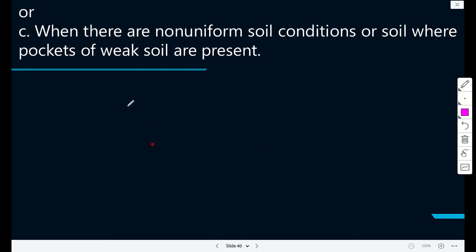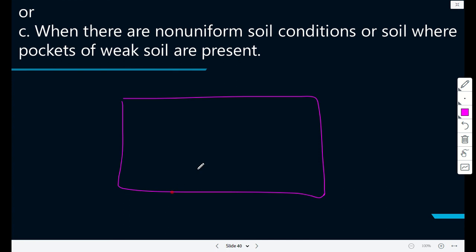Also, where there are non-uniform soil conditions, or pockets of weak soil, you may have good soil generally, but some regions here and there are weak. What the pad does is take the load from the weak areas and spread it over relatively strong areas, because the pad is rigid.